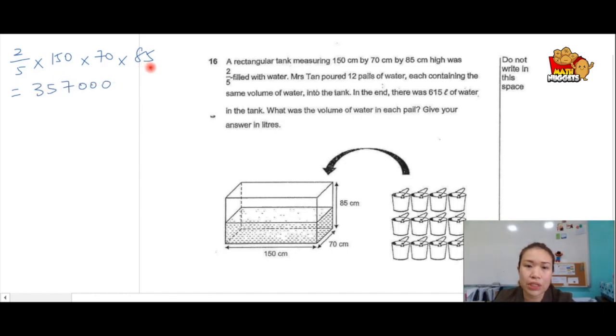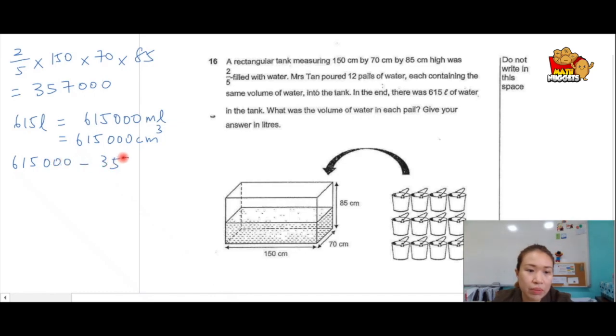So this amount of water was in the tank at first. Mrs. Tan then poured 12 pails of water, each containing the same volume of water, into the tank. In the end, there was 615 liters of water. So 615 liters is equal to 615,000 milliliters, which is equal to 615,000 cubic centimeters.